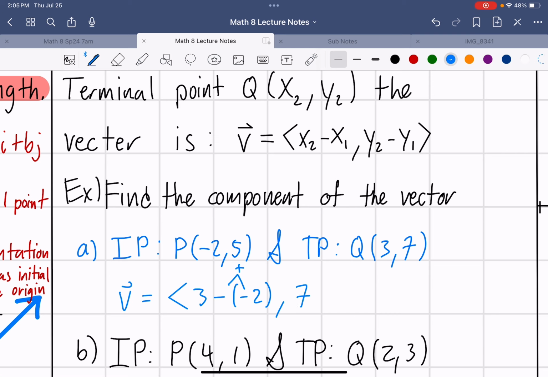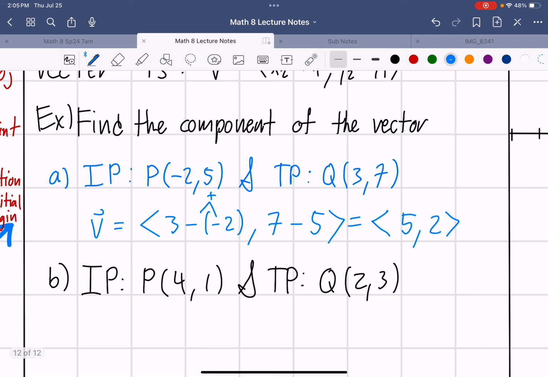Now we have to do the y component, 7 minus 5. And that's going to simplify to 3 plus 2 is going to give me 5. And 7 minus 5 is going to give me 2.